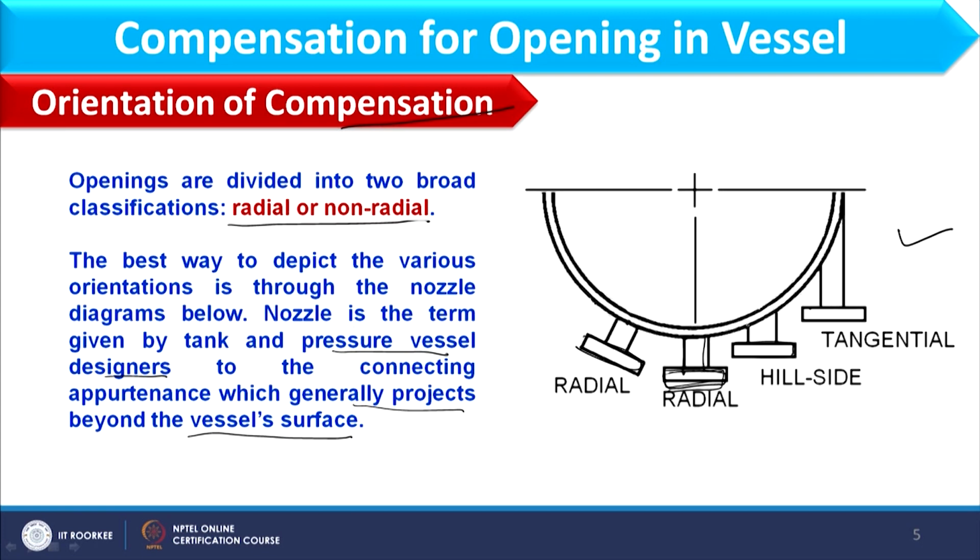For hillside, you can understand the nozzle is longitudinally placed, and tangential means one section of the nozzle is tangential to the vessel or tangential to the shell. This tangential nozzle is used in different equipment, for example, a vapor liquid separator, cyclone, etc.